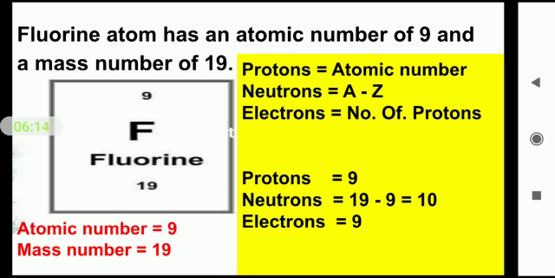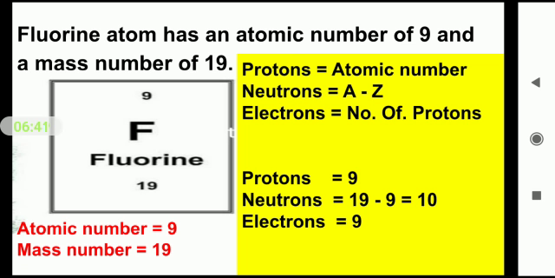Let's solve the following. Fluorine atom has an atomic number of 9 and a mass number of 19. Can we determine the number of protons, neutrons and electrons in it? There are 9 protons because the atomic number is always equal to the number of protons present.